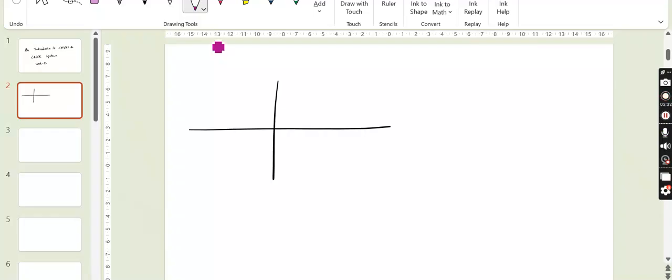So let's consider a ray. This is the rarer medium, and this is the denser medium.